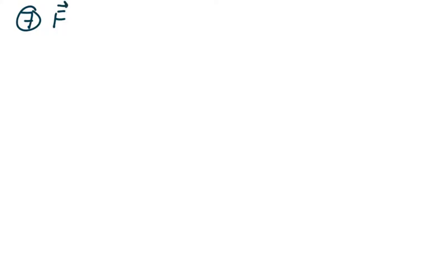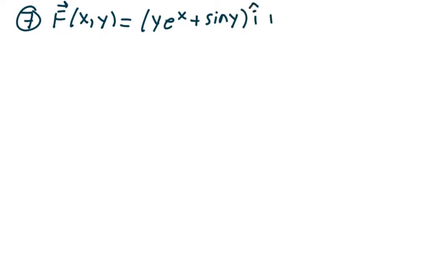Suppose f of xy equals, we're going to go y e to the x plus sine of y times i plus e to the x plus x times cosine y times j. The hardest thing in the world is to just keep track of your variables.